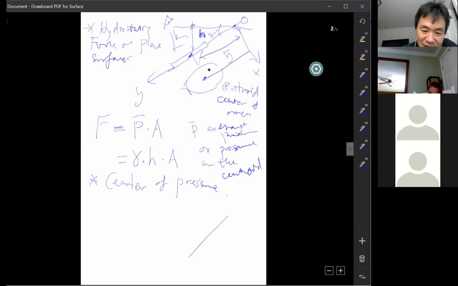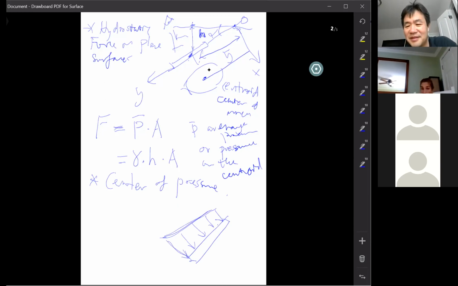Well, look at this. If this is a force plane, what is the pressure distribution? Should this be the pressure distribution? Everybody agree?